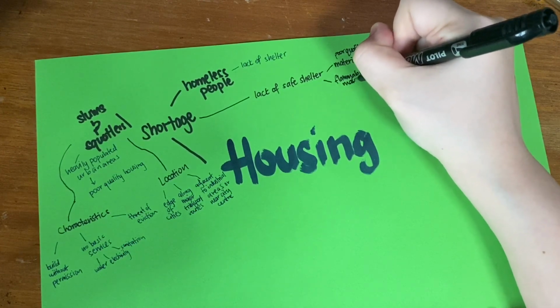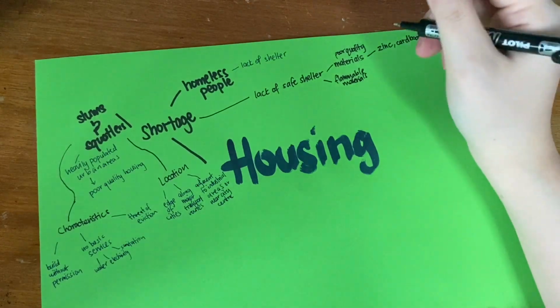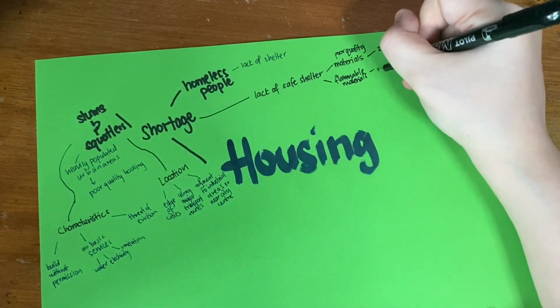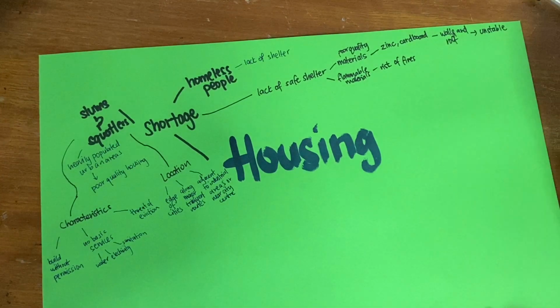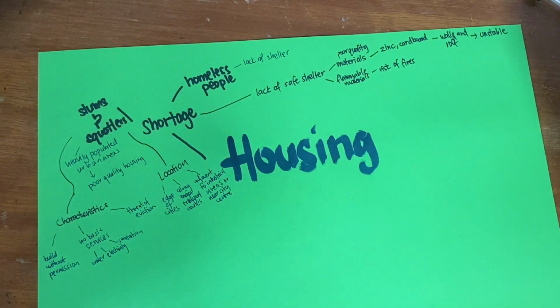Okay, which means to say that there will be risk of fires. So if your house is made of cardboard, and someone lights a cigarette and throws it onto the cardboard and it catches fire, your house is gone.